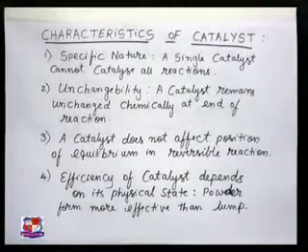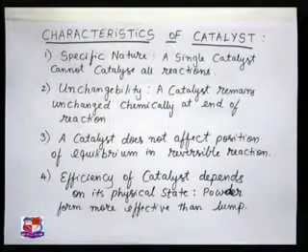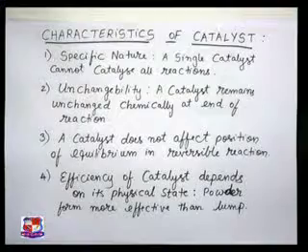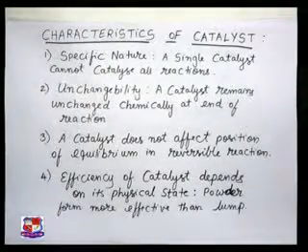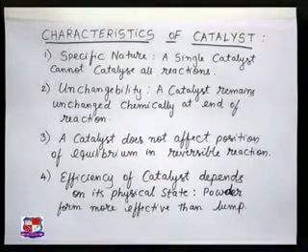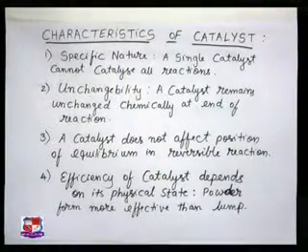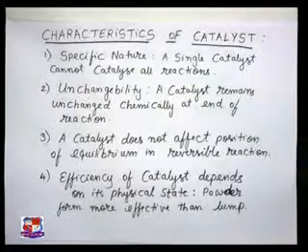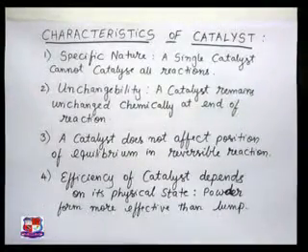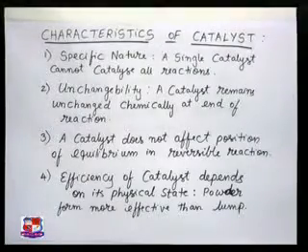You can see here, the first is specific nature. It means you cannot take a catalyst and say that I will use it for all chemical reactions. It's just not feasible. A single catalyst cannot catalyze all the reactions, meaning the selection of catalyst differs with the types of chemical reactions.